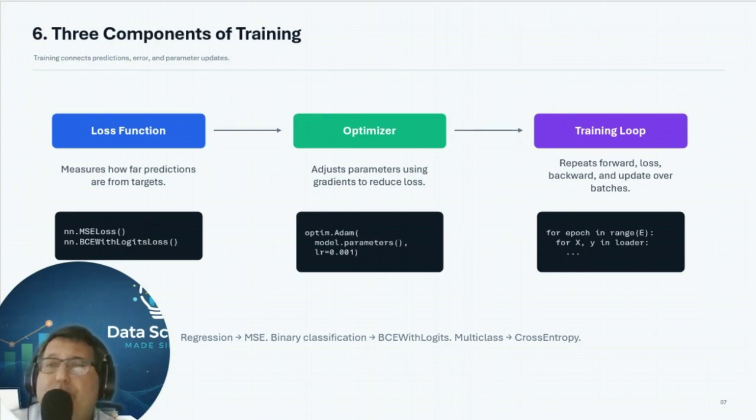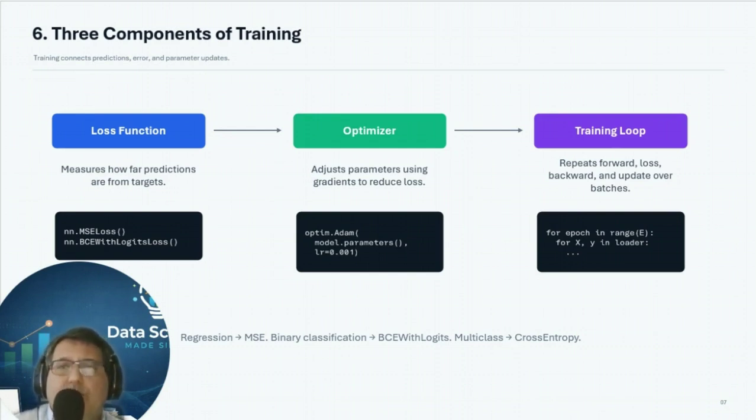The second component is the optimizer. In this example, we are using Adam. The optimizer receives the model parameters and the learning rate. The learning rate here is 0.001. The optimizer's job is to use gradients to decide how the network parameters should change. You can think of the gradient as telling us which direction changes the loss.